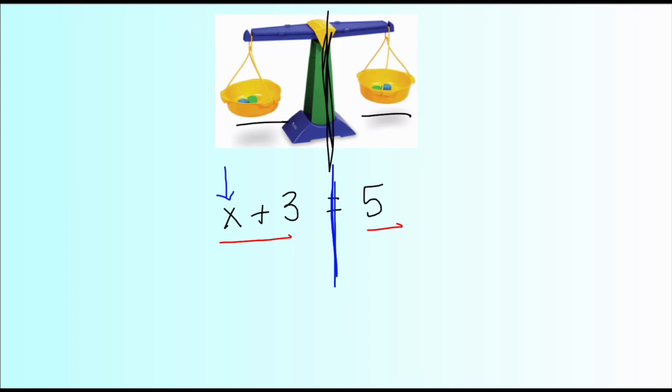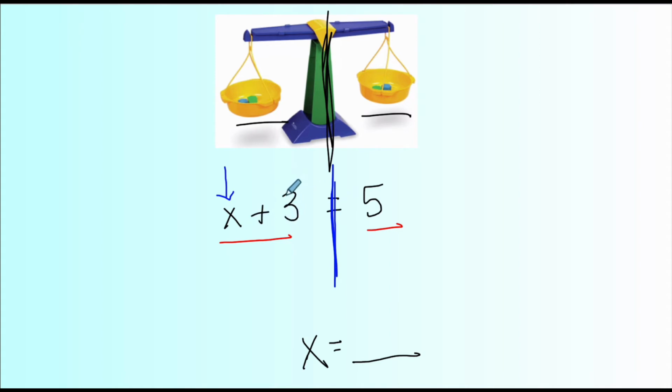So ultimately, what do I want? I want x equals something. I want to know what is this unknown thing that's balancing the equation. And so I need to get rid of everything else in the problem. So all that remains is the x, the equal sign, and then the solution. So I need to get rid of this 3 because right now it's with the x. And I just want it to say x equals, not x plus 3 equals.